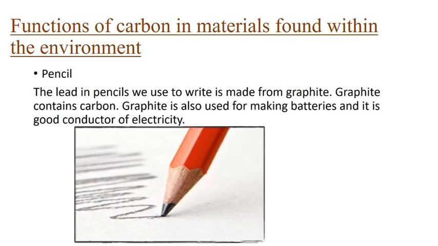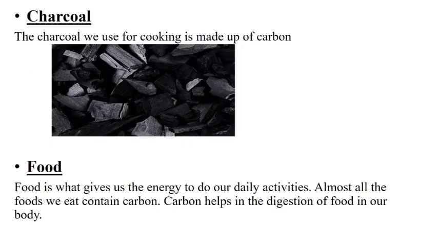The second point, charcoal. The charcoal we use for cooking is made up of carbon, which is very important. Why is it made up of carbon? Yes, trees actually need carbon dioxide to prepare their own food.